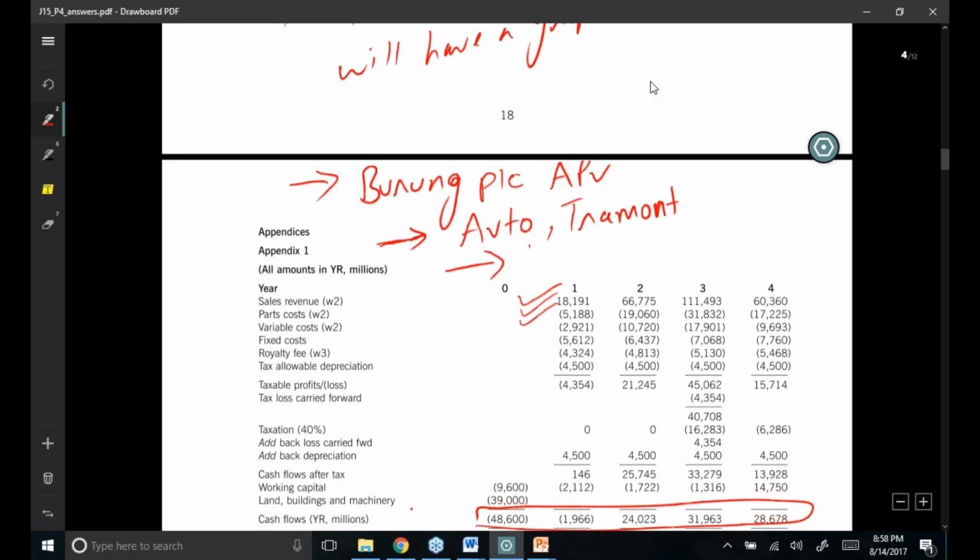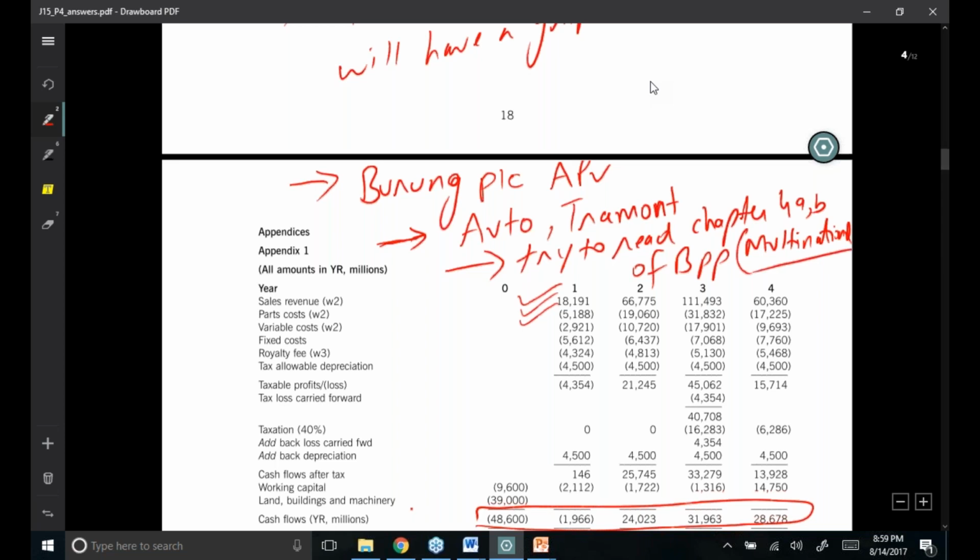And if you have time, try to read chapter 4A and B of BPP, that is of multinationals.